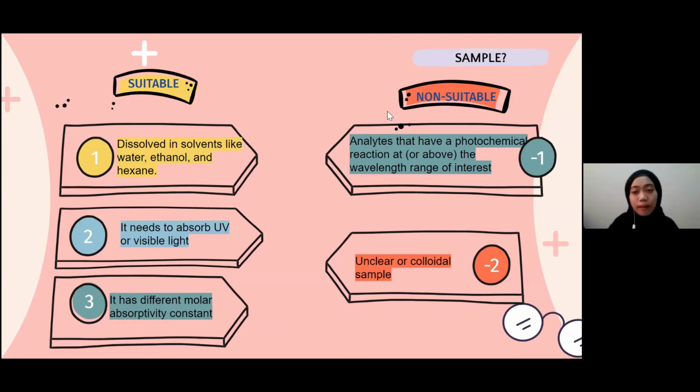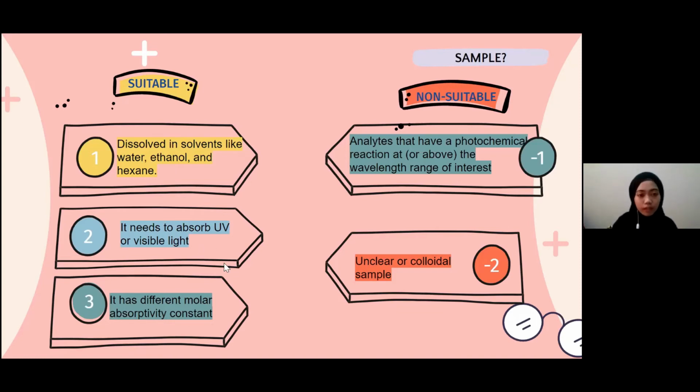Okay, so next is the sample, where there is suitable sample that can be used, and there's also non-suitable sample that could not be used in UV visible spectrophotometer. So first, the suitable sample here, it needs to dissolve in solvent like water or any organic solvent like ethanol and hexane. Second, it needs to absorb UV visible light. So if the sample does not absorb UV or visible light, therefore there is no absorption occur, and it will be 0.